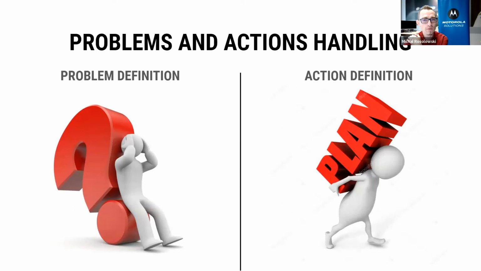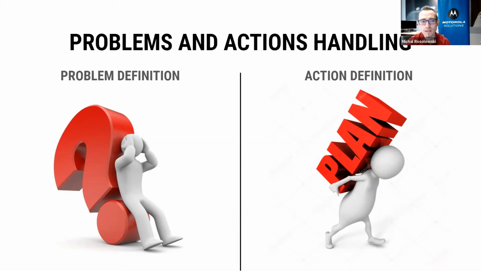So we have to realize that problem definition and action definition are two completely different things. In one of the retrospectives that we did, we even separated them with time.